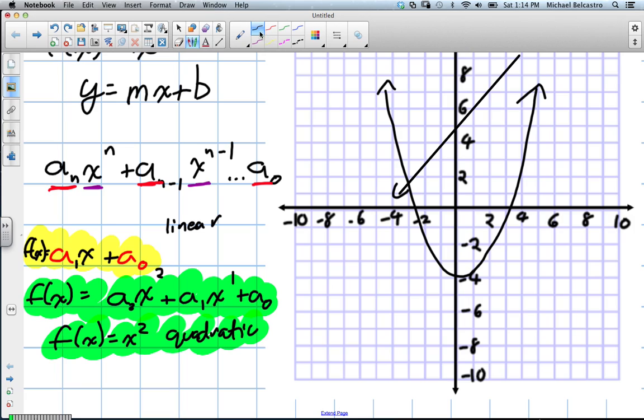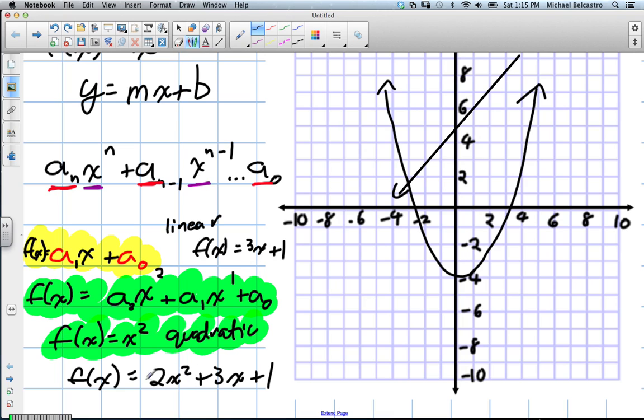An example of a linear function could just be f at x is equal to 3x plus 1. That would be a linear function. For a quadratic function, we could have f at x equals, let's say, 2x squared plus 3x plus 1. You know what we'll do? We'll just keep adding on to the original one we had.